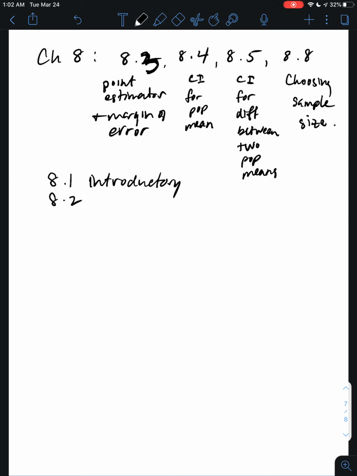8.6 we are not going to cover. It is about the discrete version of 8.5.